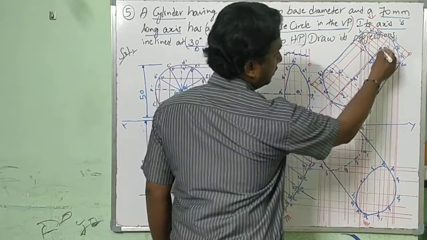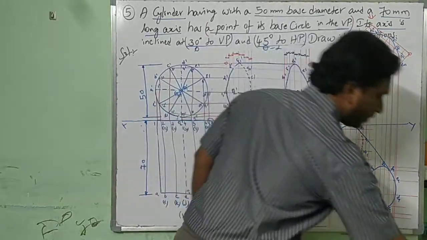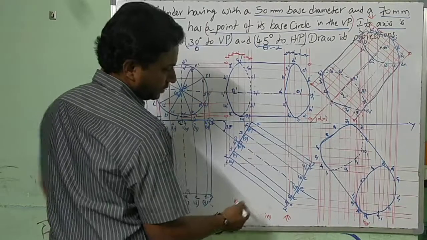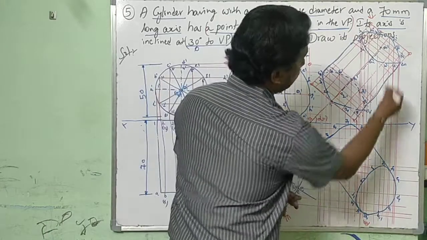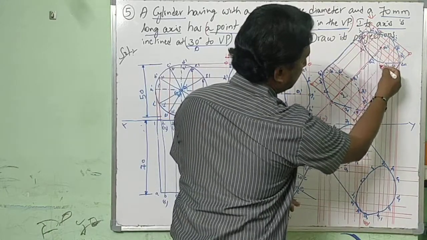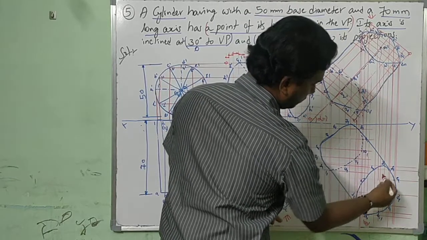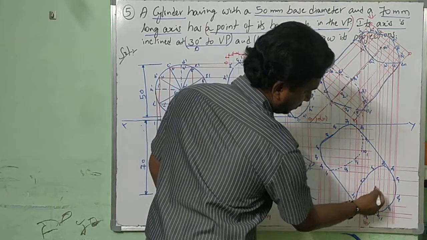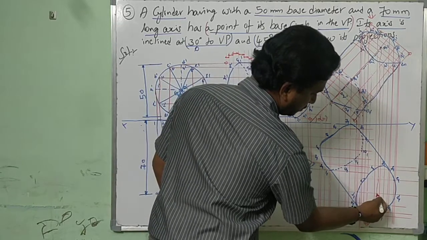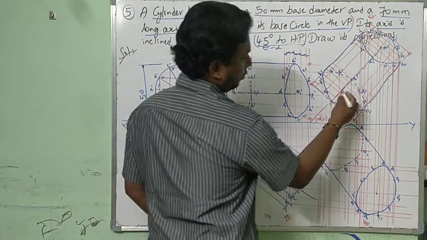Now axis O1 dash. From O1 dash to here, from the O1 line I have to draw separately, it comes here. O2.